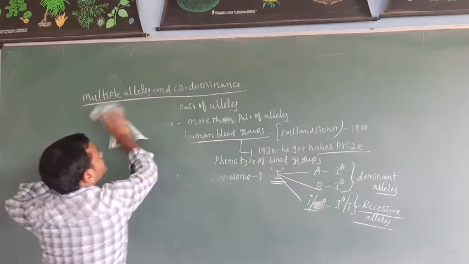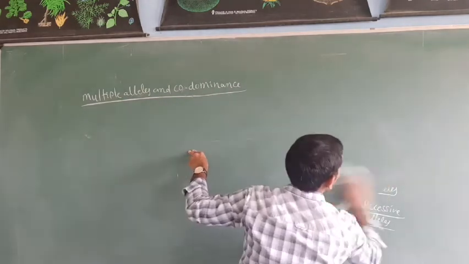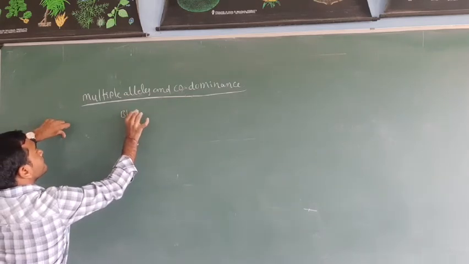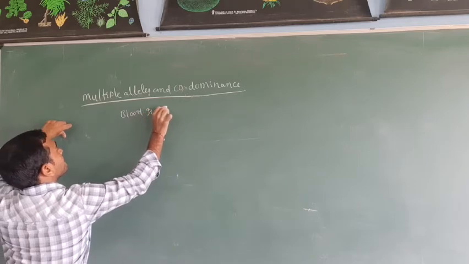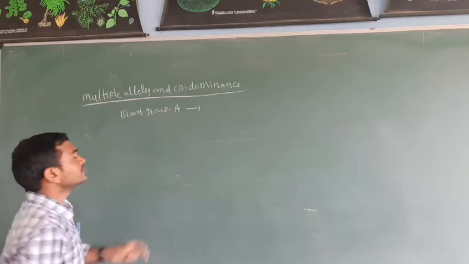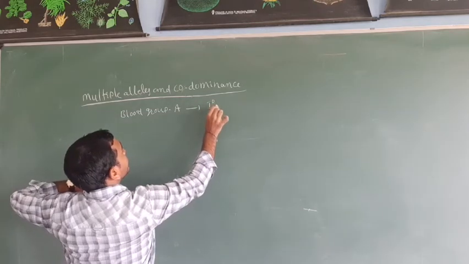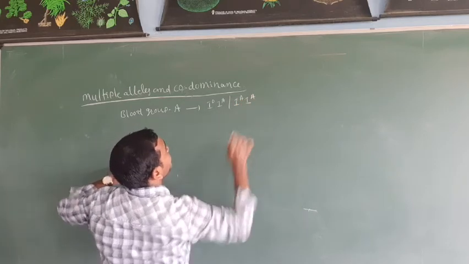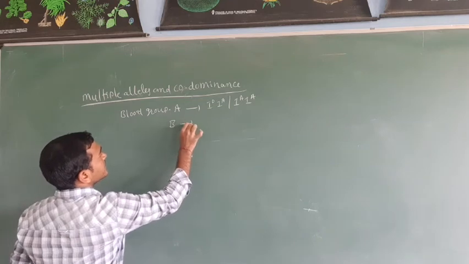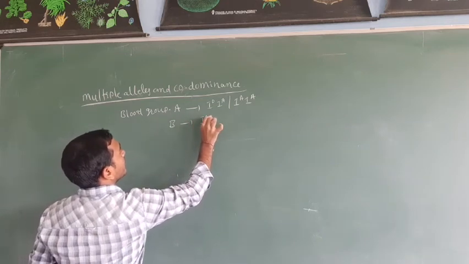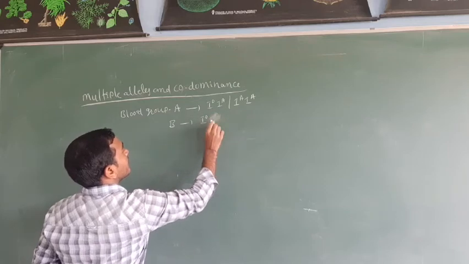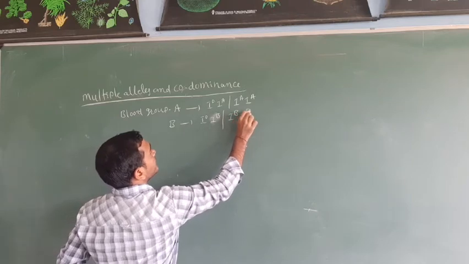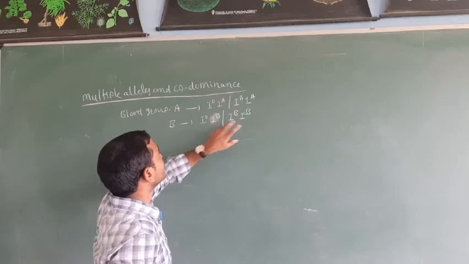See here, for example, blood group A. What are the genotypes? I A I O or I A I A. For B blood group, I B I O or I B I B. These are heterozygous and homozygous.